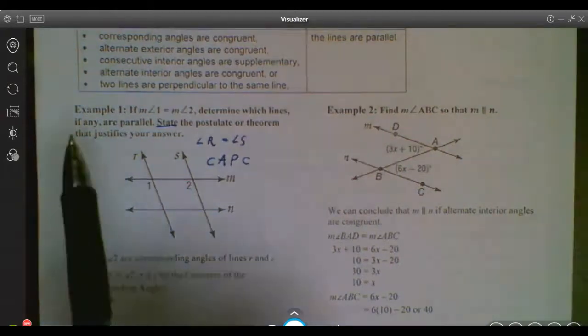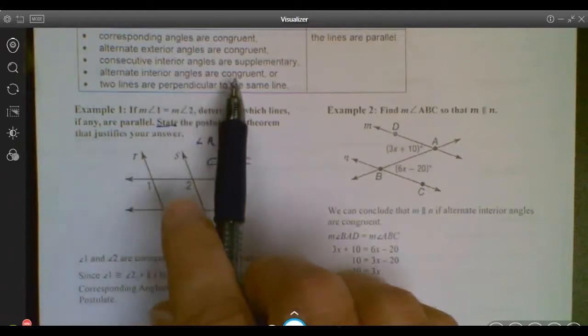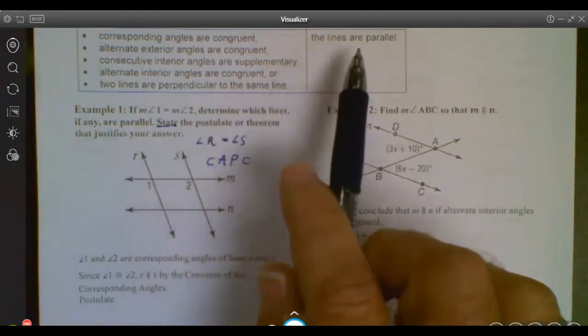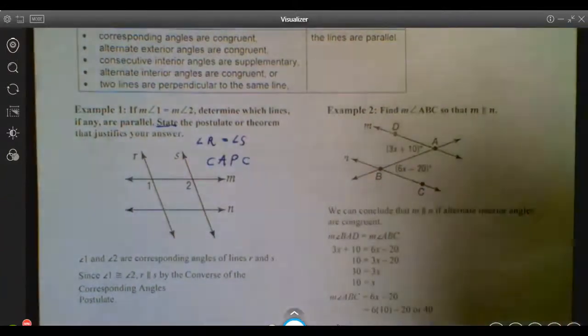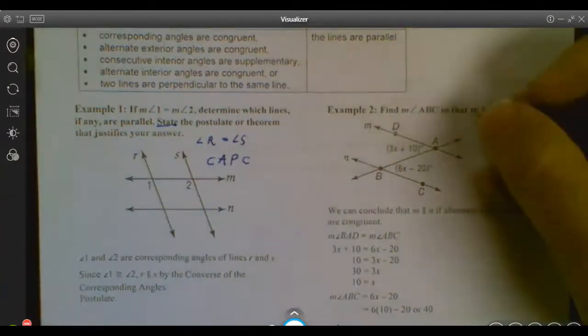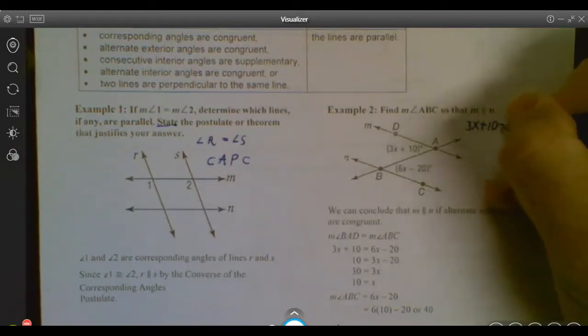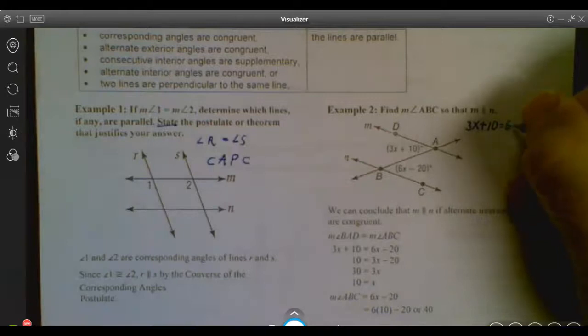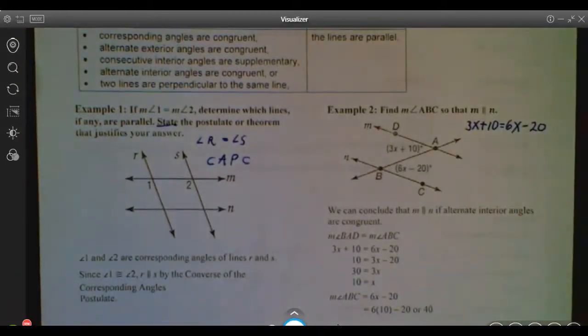And so we could now say, if alternate interior angles are congruent, then the lines are parallel. Right? So then the lines are parallel. So if 3x plus 10 is equal to 6x minus 20, then M would be parallel to N.